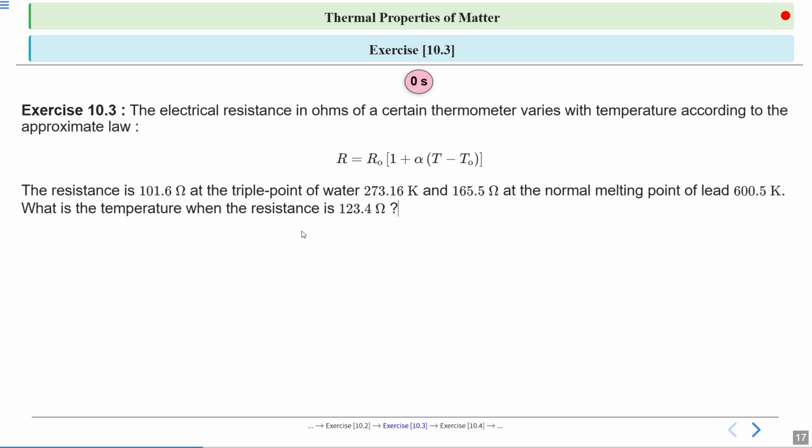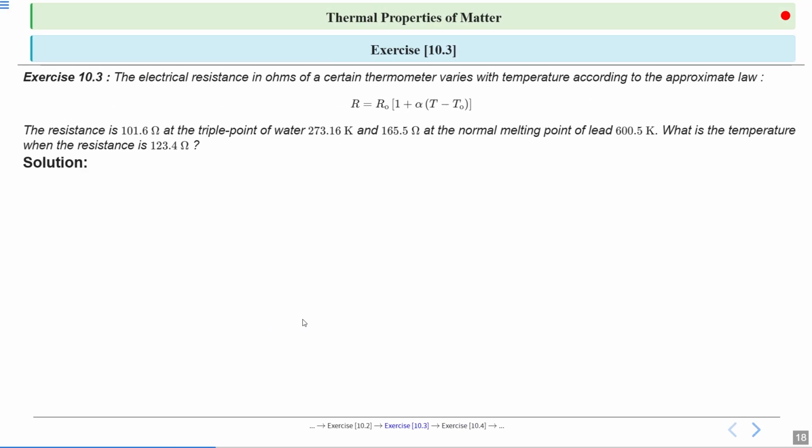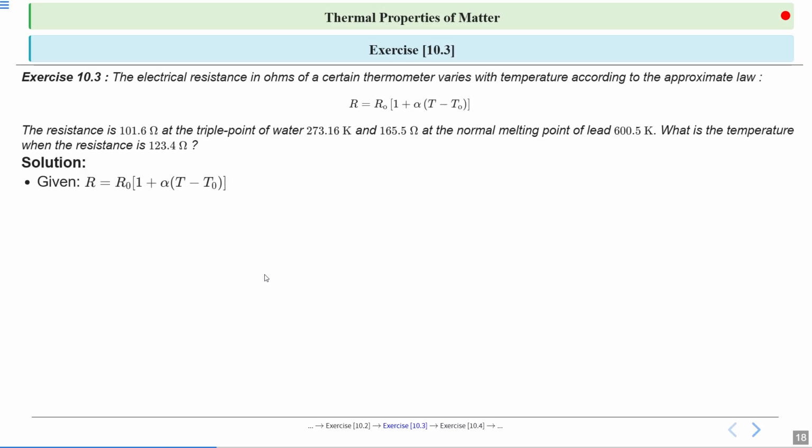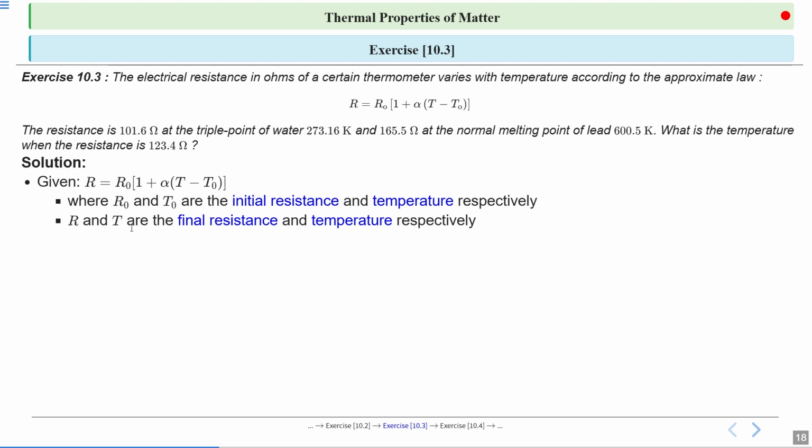Let's see the solution of this question. Given R equal to R naught into 1 plus alpha into T minus T naught, where R naught and T naught are the initial resistance and temperature respectively, and R and T are the final resistance and temperature respectively. Alpha is a constant known as the temperature coefficient of resistance.